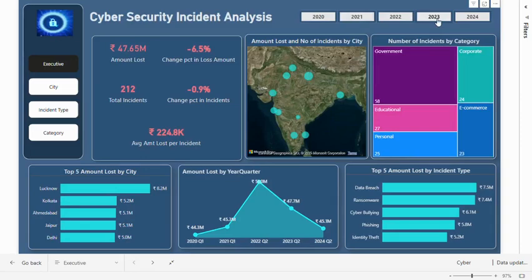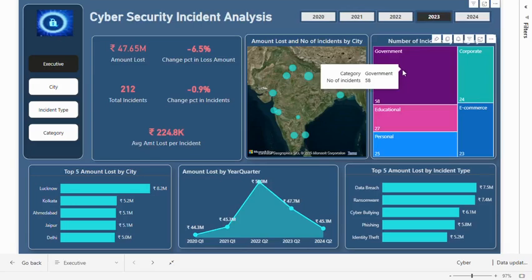Here there is a shift from Tier 1 cities to Tier 2 cities. And in the same way, in the categories also, there is a shift from the corporate category to other sectors. This trend highlights the expanding reach of cyber criminals beyond metros and shifting focus to more vulnerable sectors, which have weaker security infrastructure.